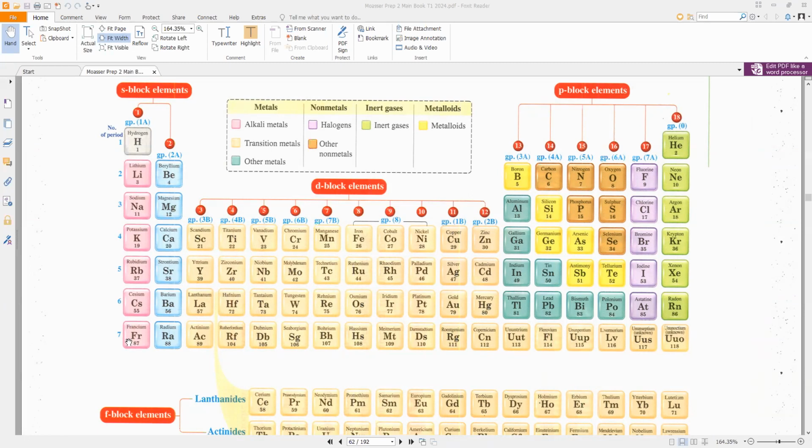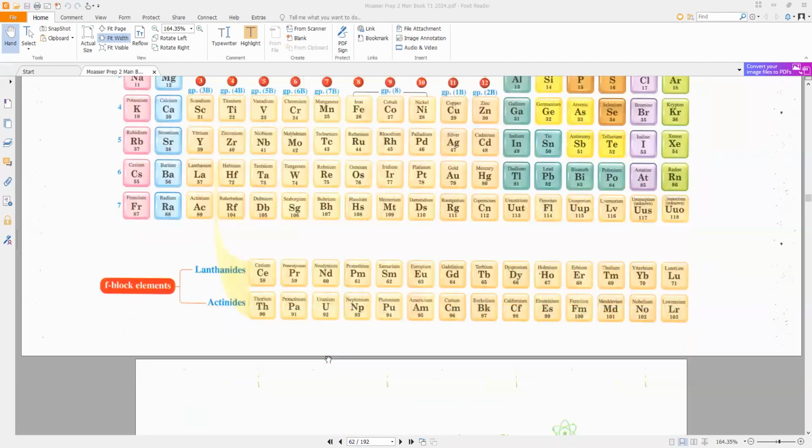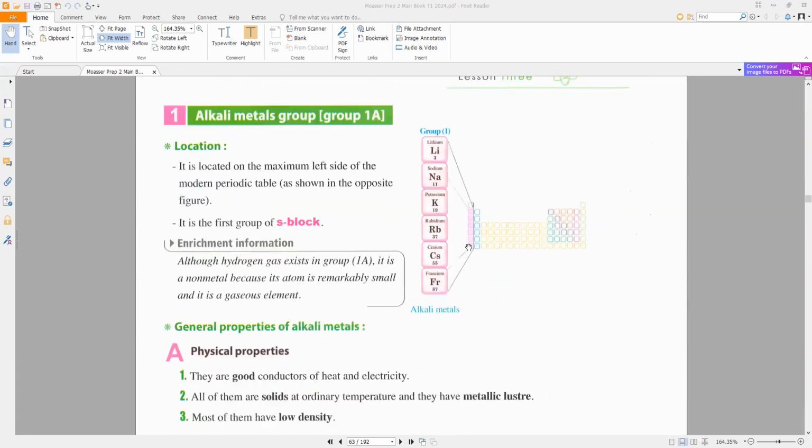All of them are solid except hydrogen, which is gaseous. So group 1A alkali metals are all metal except hydrogen, which is non-metal with different properties because it's gaseous, but all the 1A group are solid. And it's located on the maximum left side of the modern periodic table.